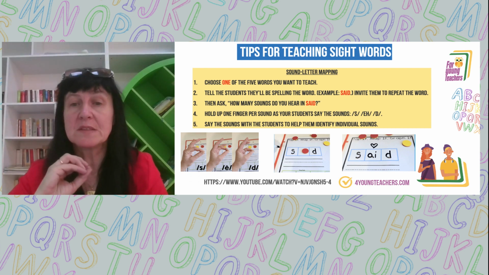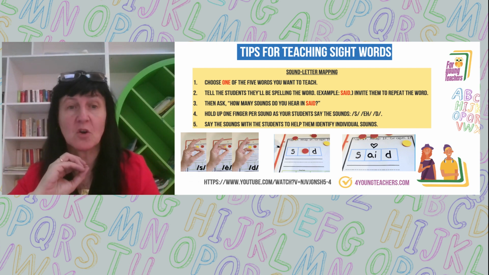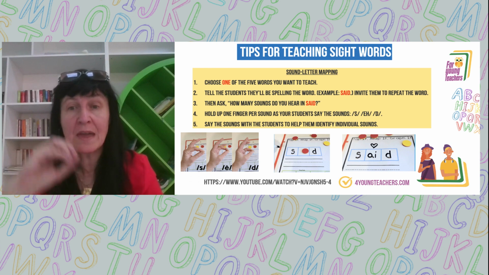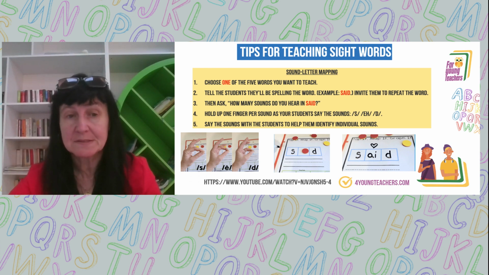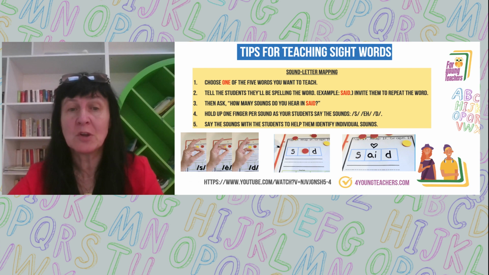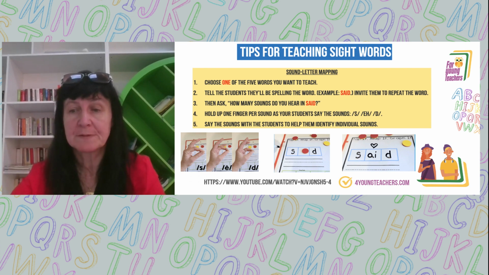Then, when it's time to write the corresponding letters in the box, students can move the manipulatives out of the way to write the letters. Repeat that sound letter mapping with each of the 5 sight words. Here you can see an example on YouTube of how to demonstrate this.